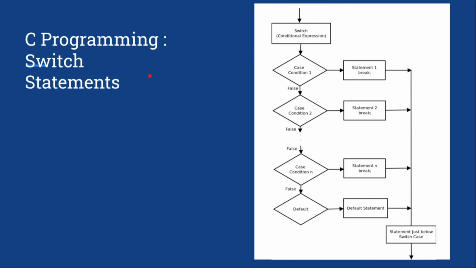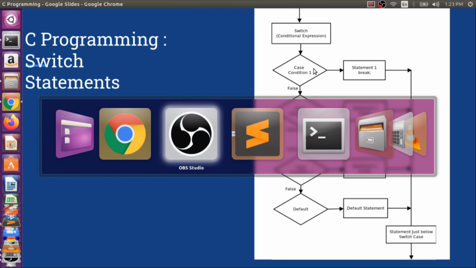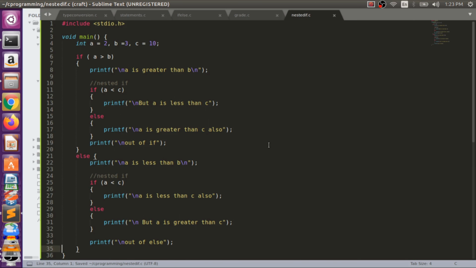The switch works in a very similar way, and we can use switch where possible, and it is much faster than the else if statement. It's sometimes an important question, who is faster, else if or switch. Switch is faster, and we will do some programming and understand how switch works.